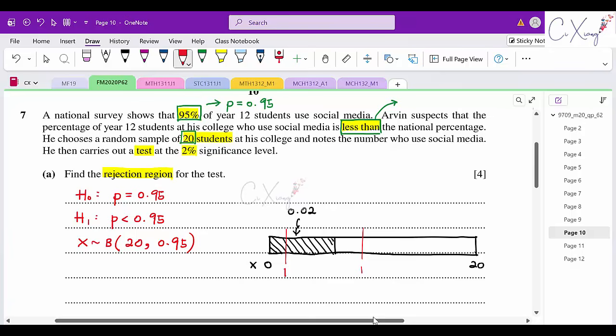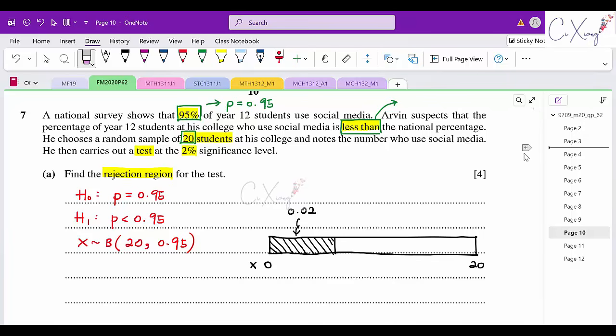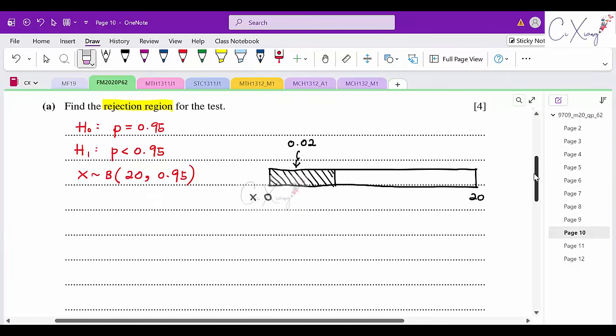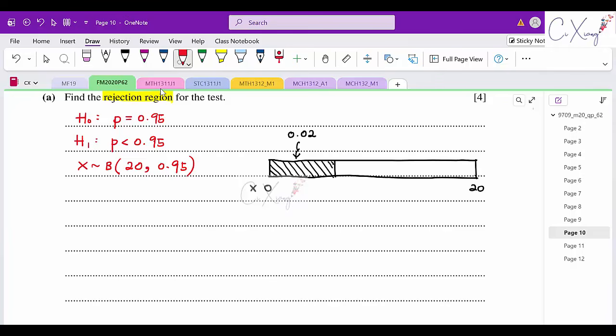To find out whether it is under the rejection region or in the acceptance region, I need to figure out the probability or the area, because this is the probability or the area that I shade and it belongs to the rejection region. So at the beginning, I need to test the values one by one. So I will test x smaller than or equal to 1.